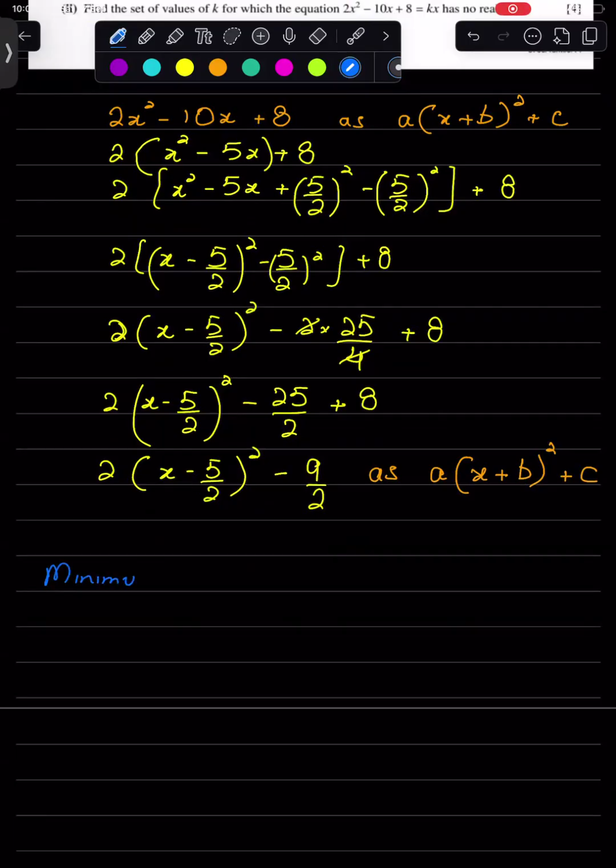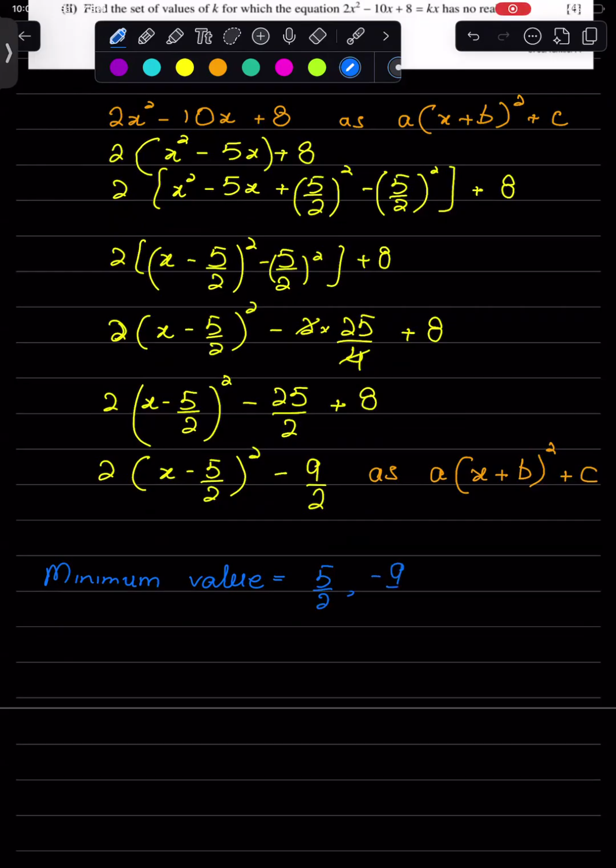Can you repeat? Minus 5 over 2 and minus 9 over 2. It would be minus 5 over 2. Think again. It is 5 over 2.